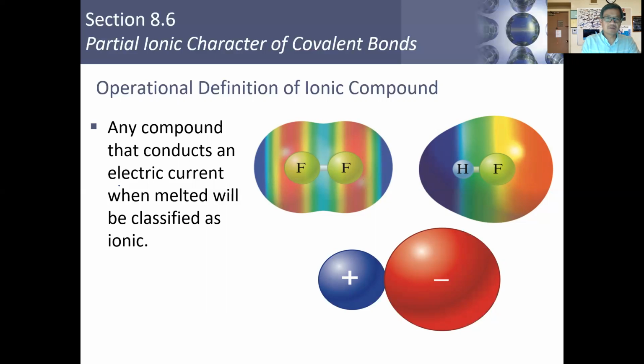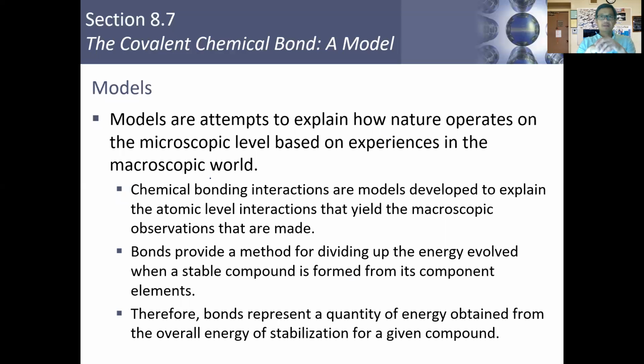The conduction of an electrical current is going to be the defining feature of an ionic compound versus a polar compound. That's what we're going to use to distinguish between ionic bonds and covalent bonds. All right. So with that said, we are done with ionic bonding.